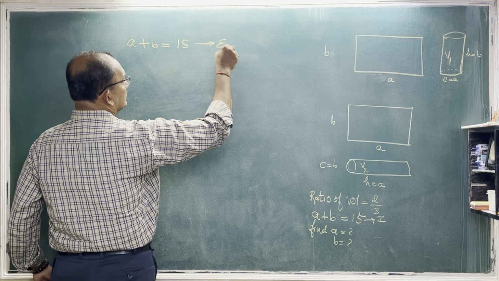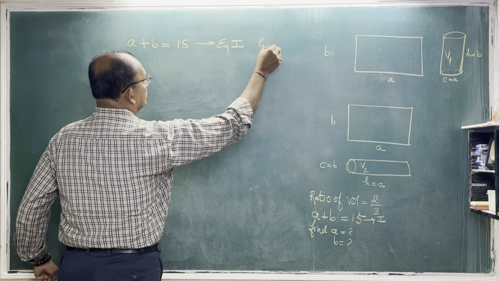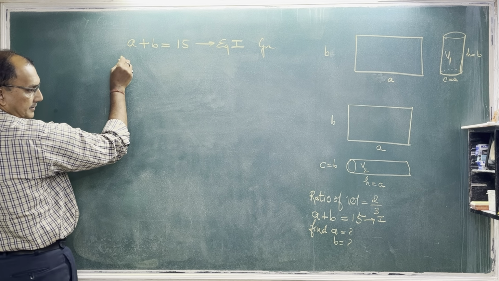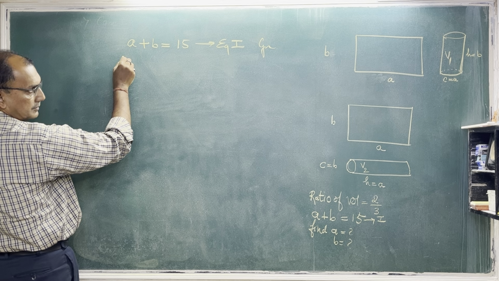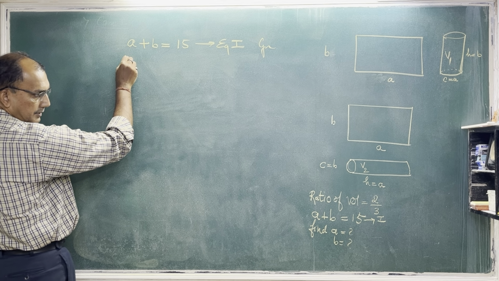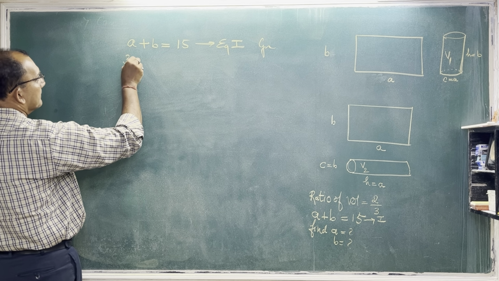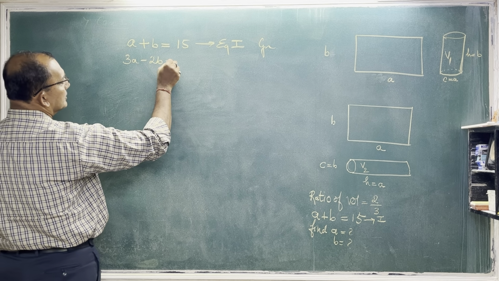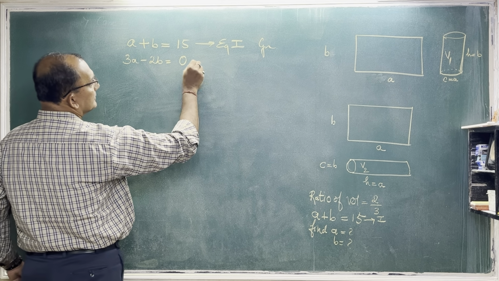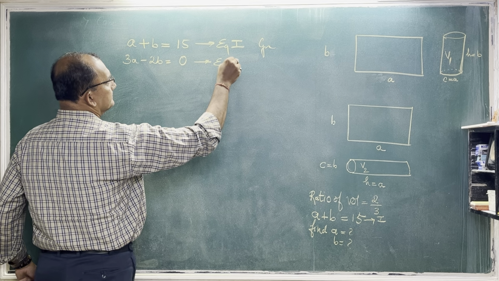This is equation 1 which was given, and the next one was 3A minus 2B is equal to 0. This was my equation 2.